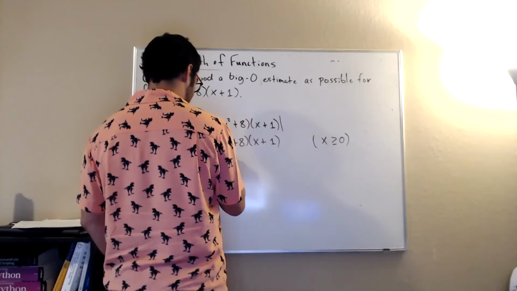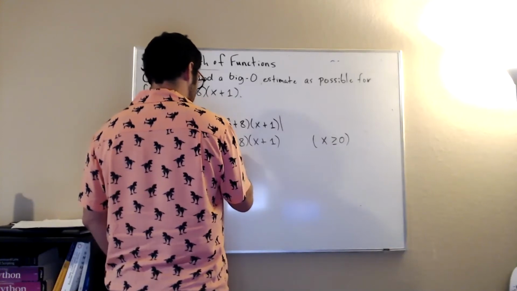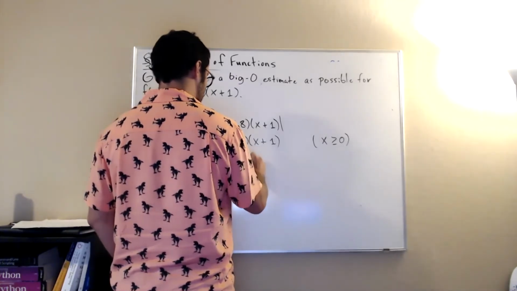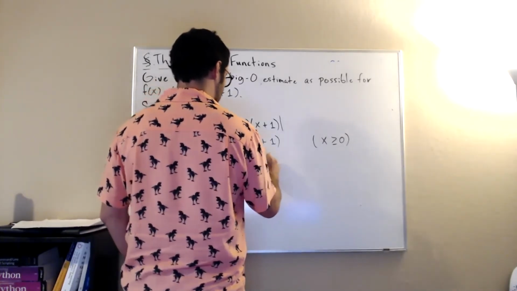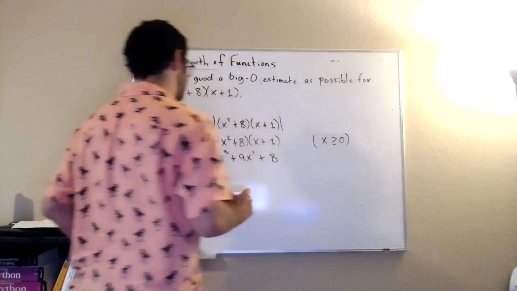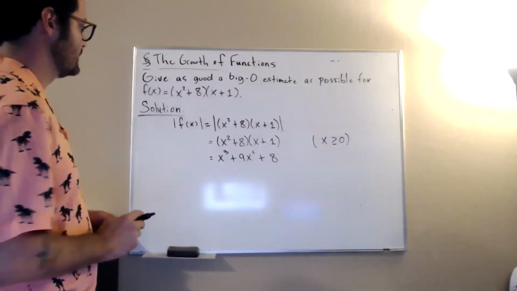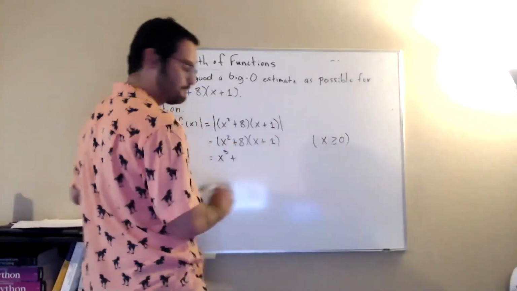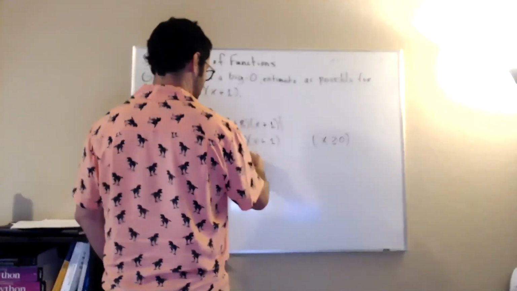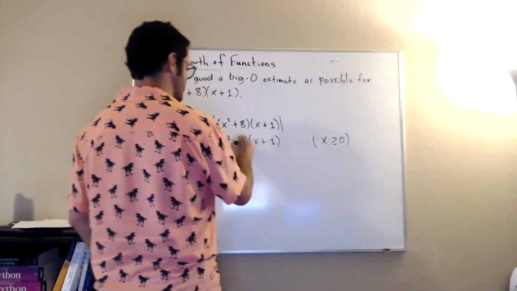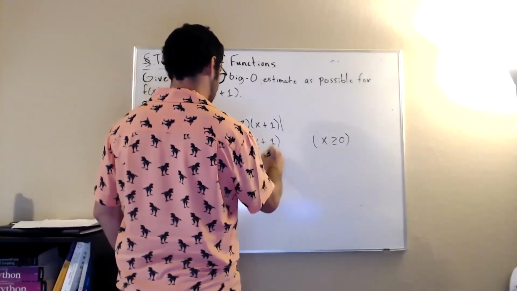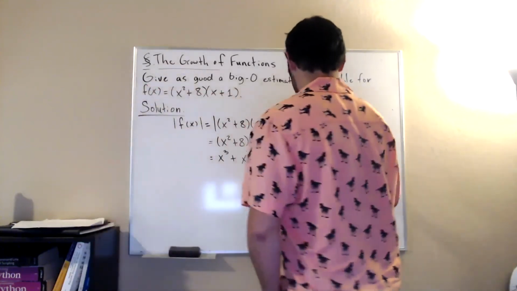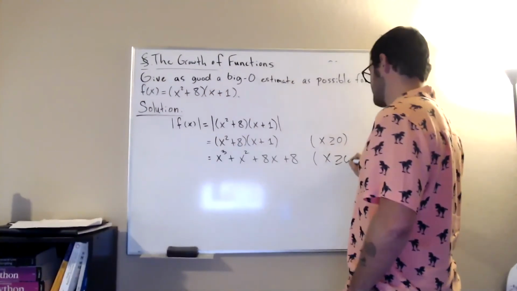So we get x cubed plus 9x squared plus 8x plus 8. And again, we're still assuming that x is greater than or equal to 0.